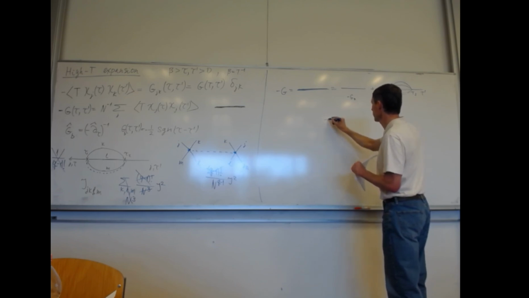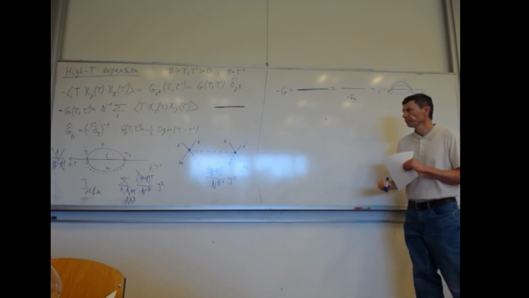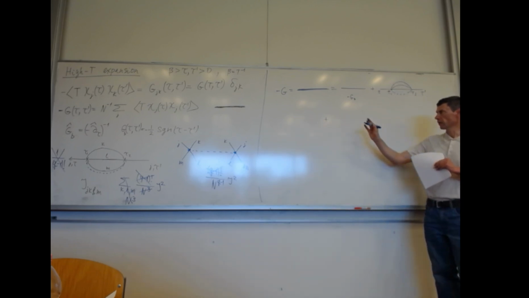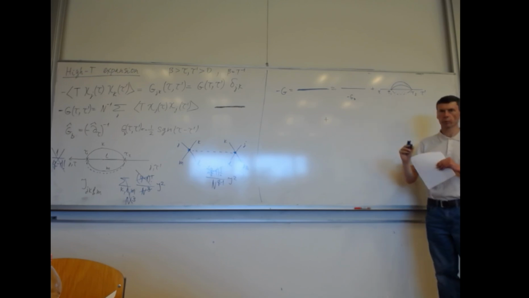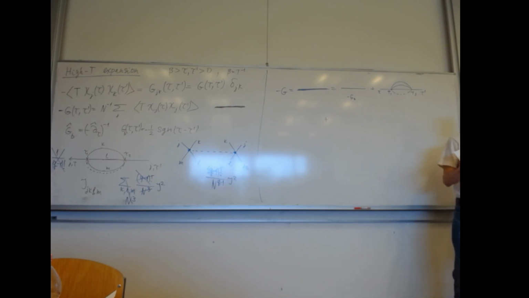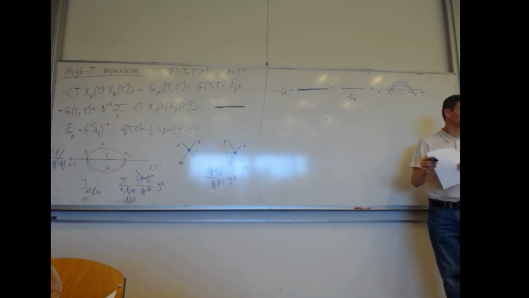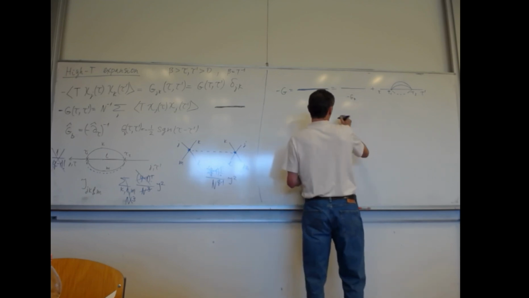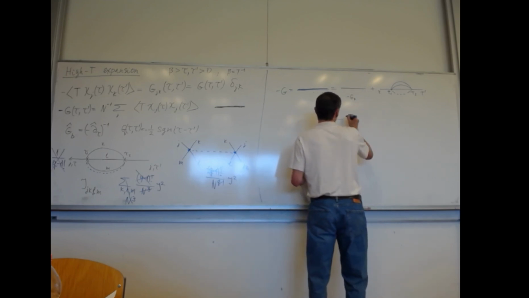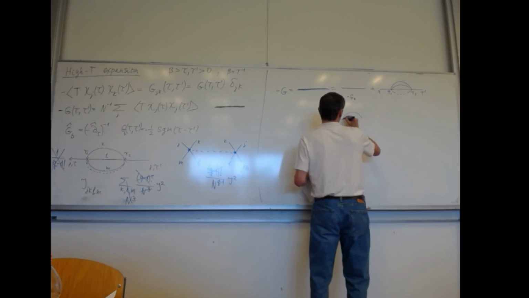There are higher order diagrams, and some of them are leading, meaning that their contribution is of the order of 1, and some are subleading. The contribution scales with 1 over n. And the next leading diagrams are these two.